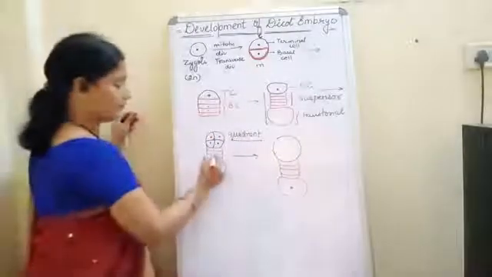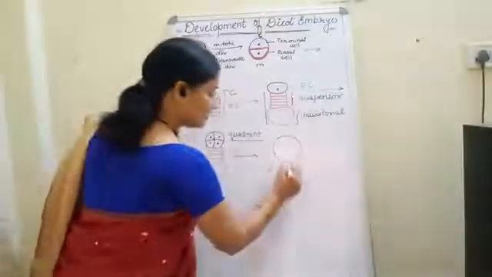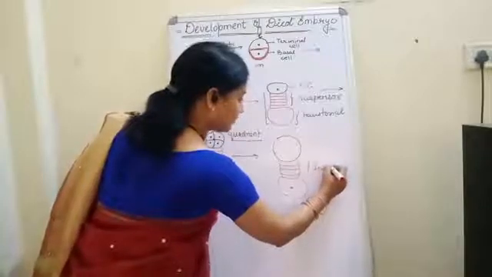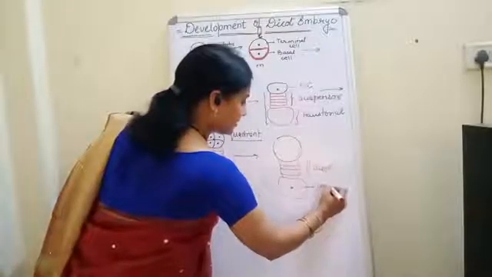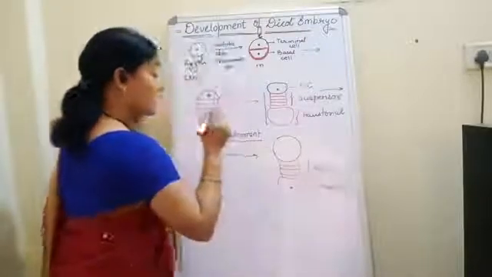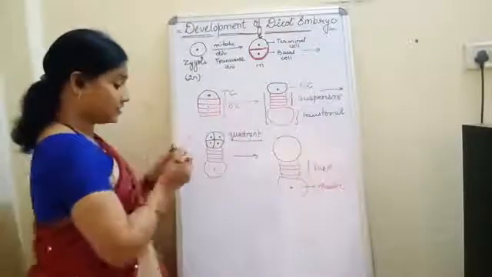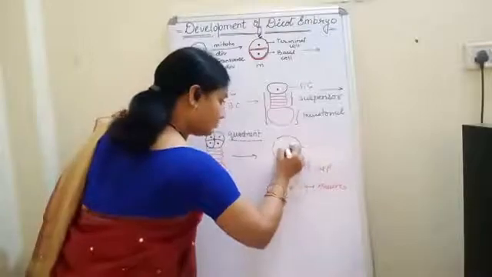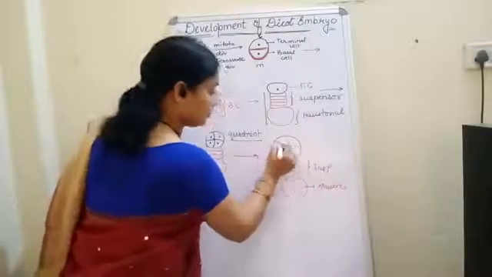Once again, nucleus I am drawing. Once again, this is suspensor, this is ostoreal, and the division is 8. 1, 2, 3, 4.